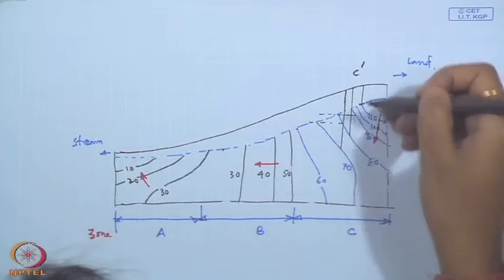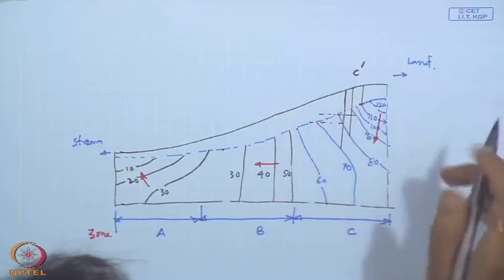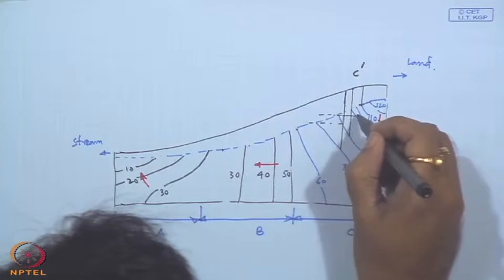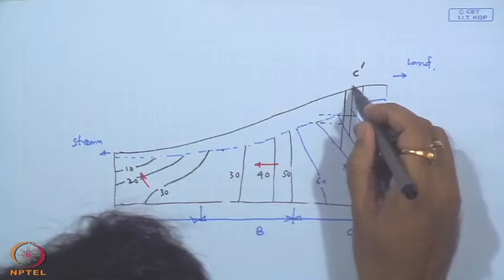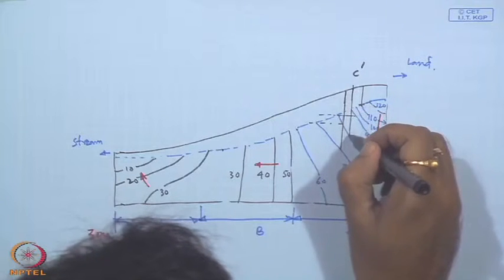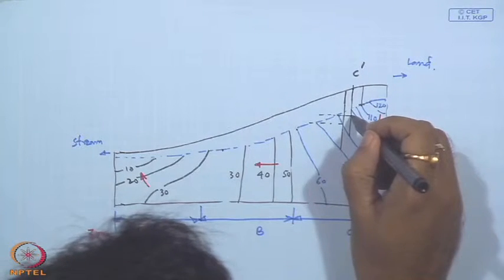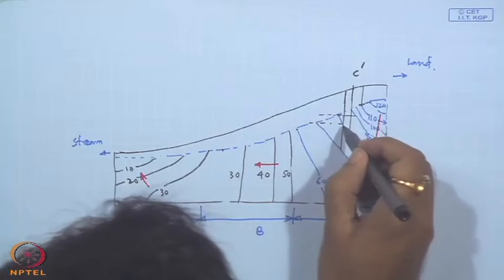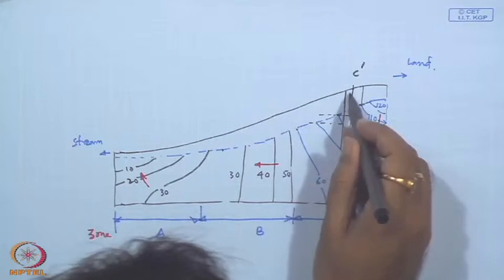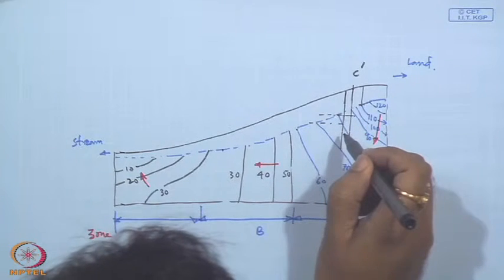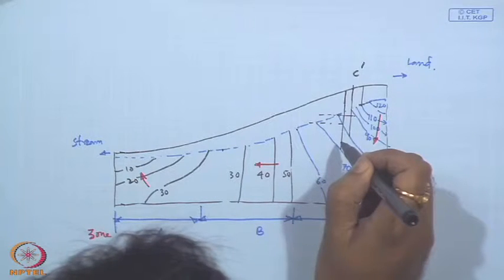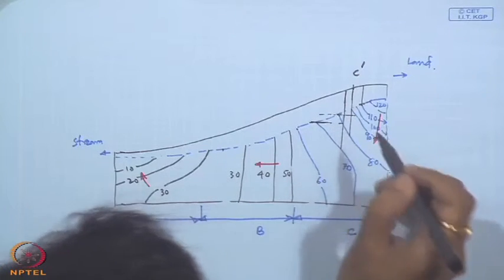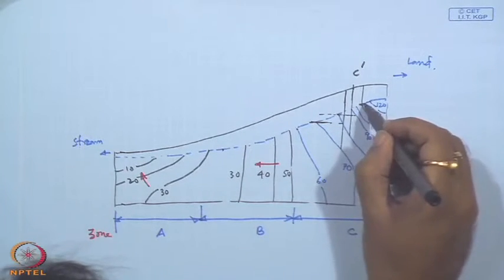So, with zone C, this C prime is nested monitoring locations, and in these nested monitoring locations we can see that for a monitoring well in this region there will be an equivalent water surface which will correspond to this level. Again, for a monitoring well in this region there will be an equivalent water surface corresponding to this level, and this is at the top surface.